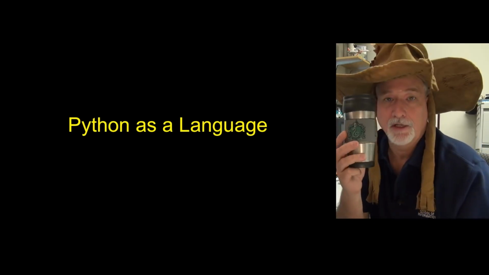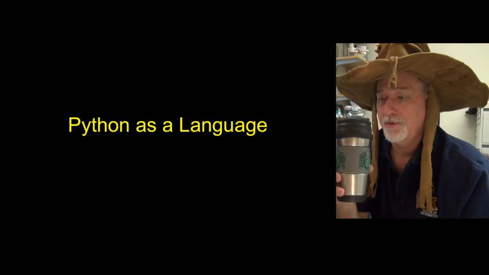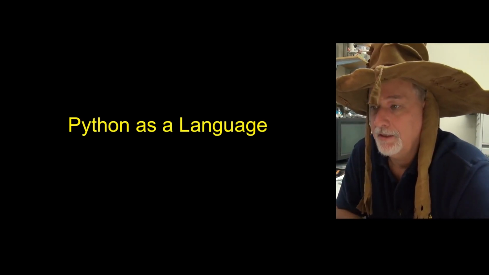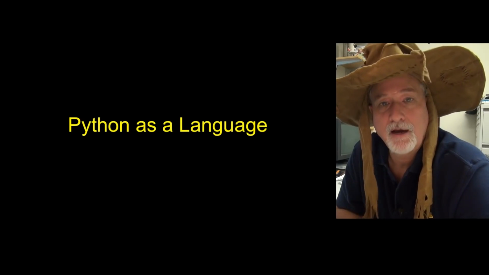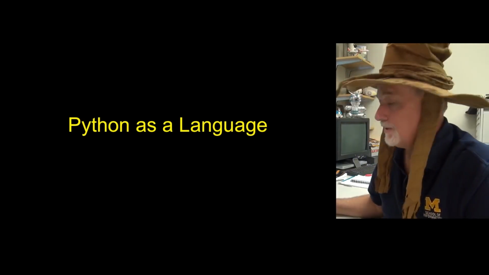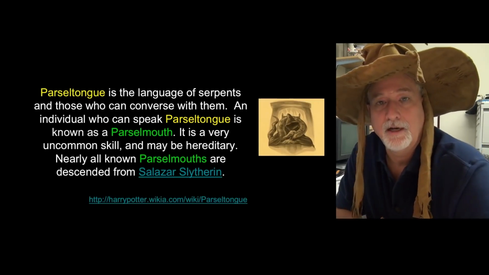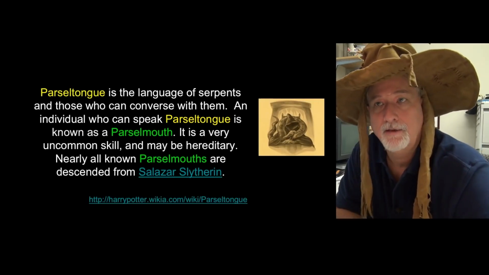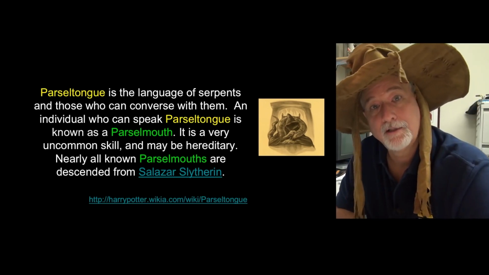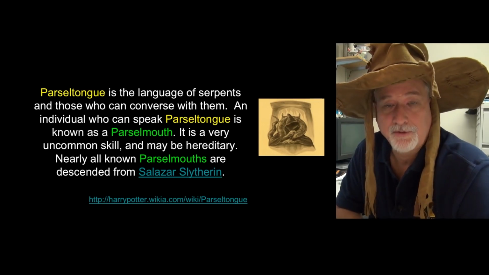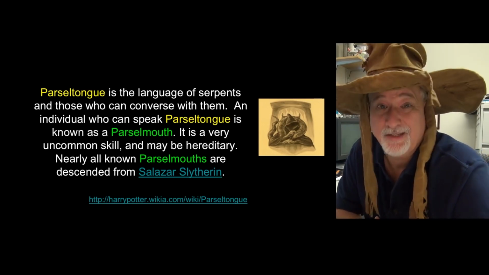So you'll see me drinking tea throughout the course out of this teacup. It's my Slytherin teacup. I picked that up from Harry Potter World. I went down to Florida and visited Harry Potter World. And the reason that I was sorted by my students into Slytherin is also because I teach Python. And Python is like a snake. And so if you think about the people from Slytherin, they are capable of talking to snakes.